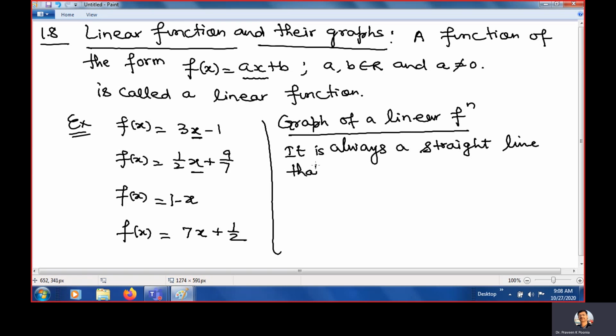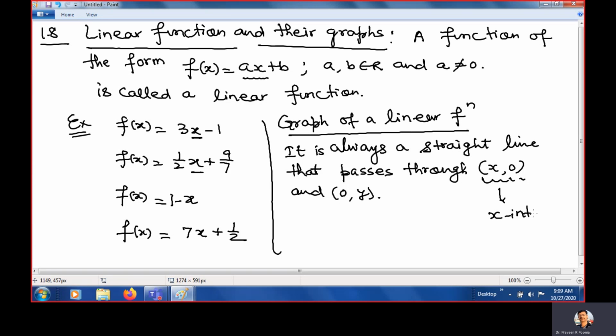That passes through (x, 0) and (0, y). So it passes through (x, 0). What is (x, 0)? (x, 0) is the x-intercept. And what is (0, y)? It is the y-intercept. So this is how to draw the graph of a linear function.